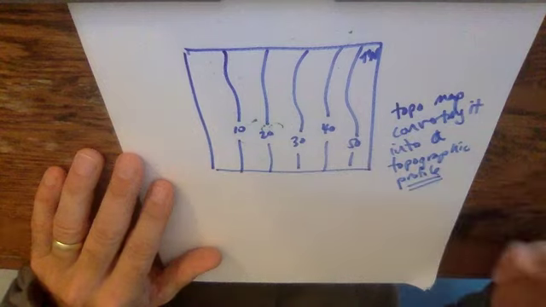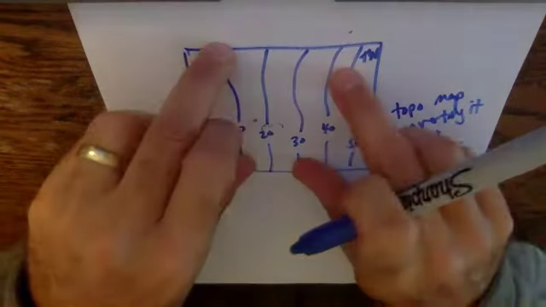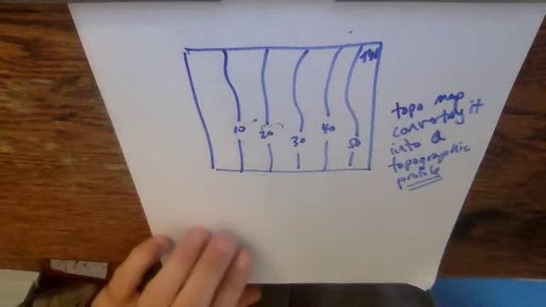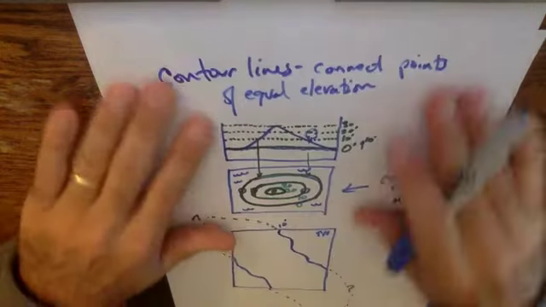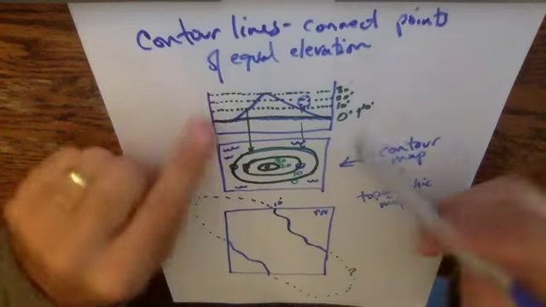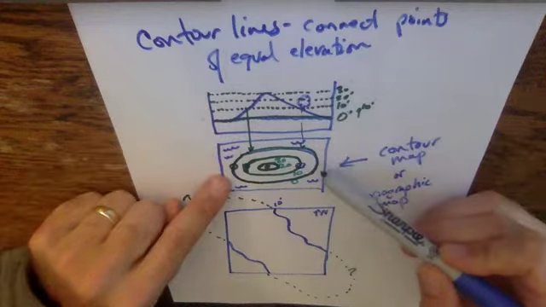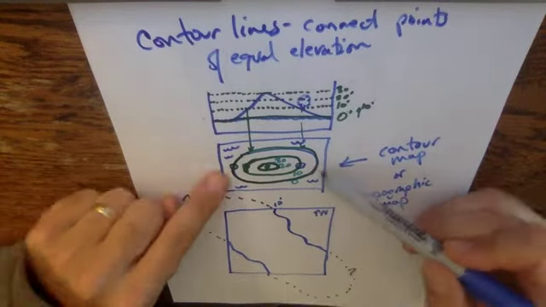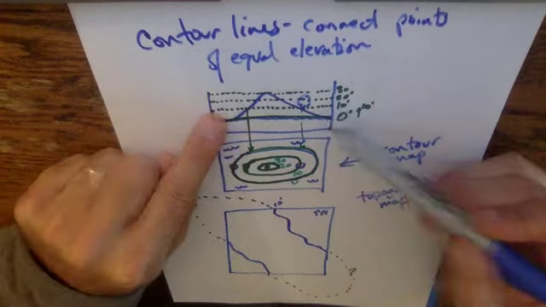A topographic profile, which means instead of looking down, you're going to see what you would see from the side. And this is perfectly analogous to what we did over here. In this case, we took a topographic profile and we made a topographic map out of it. Now, I'm going to teach you how to take a topographic map and turn it into a topographic profile.